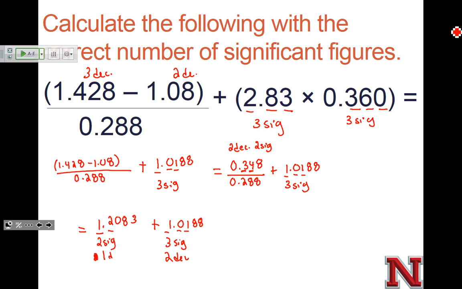So that's 1 decimal place, and then my other one, notice, has 2 decimal places. So when I add up those 2 numbers, whatever those numbers come out to be, it's 1.0188. So we're adding, so we're going with the least number of decimal places, which is 1.